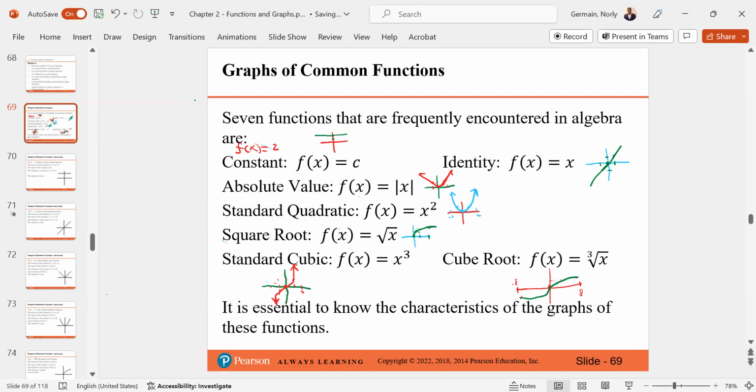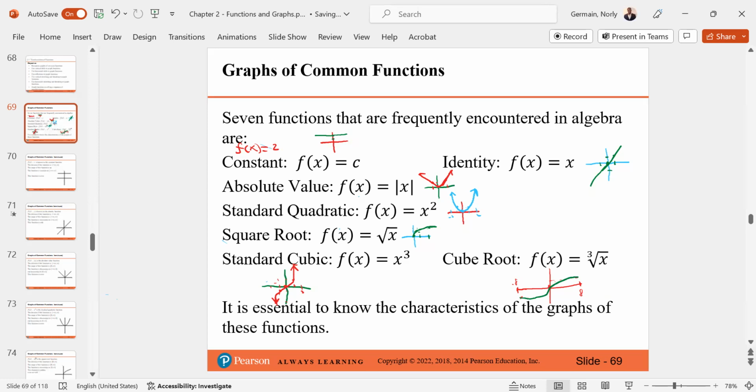There is no restriction for x except for the square root, because the square root of a negative number is not a real number. So for the square root function, the domain would be 0 to infinity because we cannot go any lower than 0 on the x-axis.